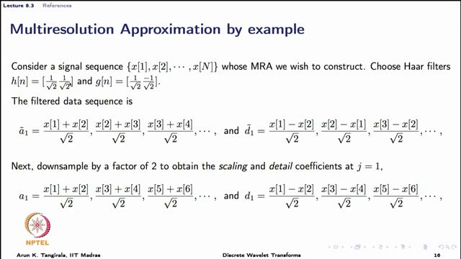And in fact, you should check that if I take the Fourier transform of this h of n, it satisfies the condition which is mod H of omega squared plus mod H of omega plus pi squared is 2. That exercise I leave to you, and you can also see that the sum of the coefficients of g is 0, which is a requirement for g to be a high pass filter. Remember, G of omega at omega equals 0 is nothing but the sum of the time domain sequence, right.